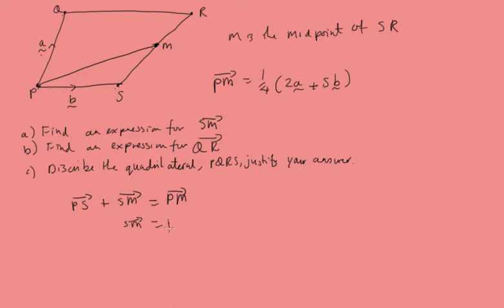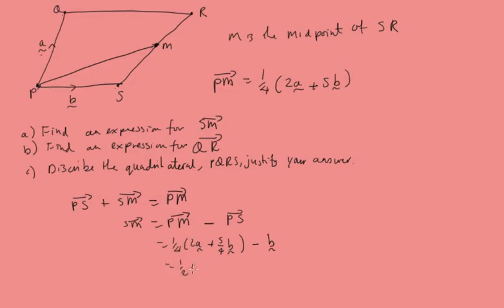So SM must be equal to PM minus PS. Now we know what PM is, and we know PS is just B. So we can tidy that up.